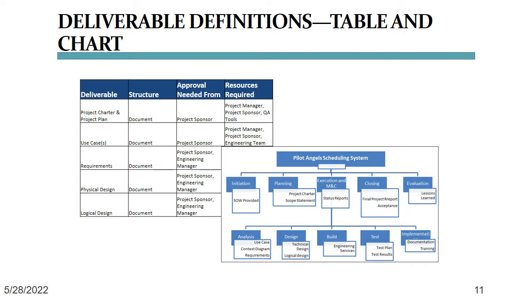And this is another way of showing all the deliverables that are required for a project. In other words, here we're seeing the project deliverables on the first level of the tree, and then the software development lifecycle deliverables on the second tier of the tree. But all of these are required in order to fulfill the entire project scope.